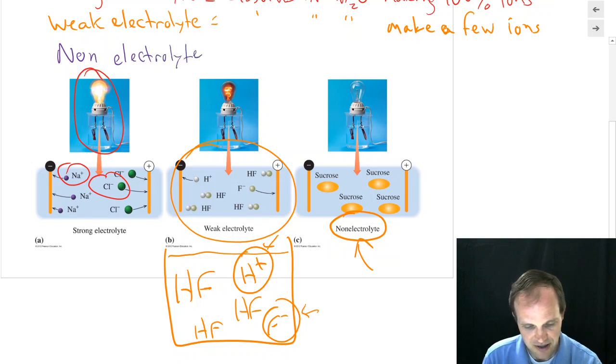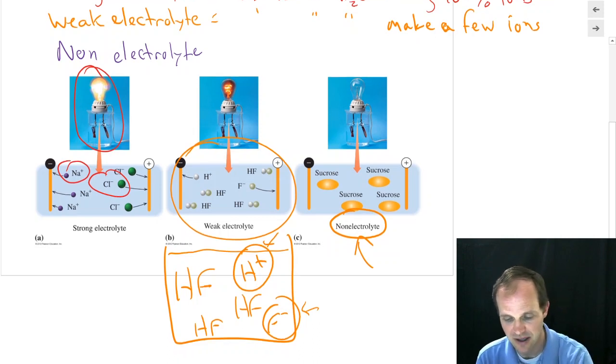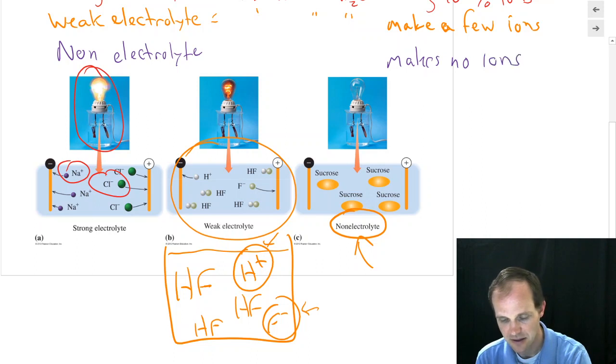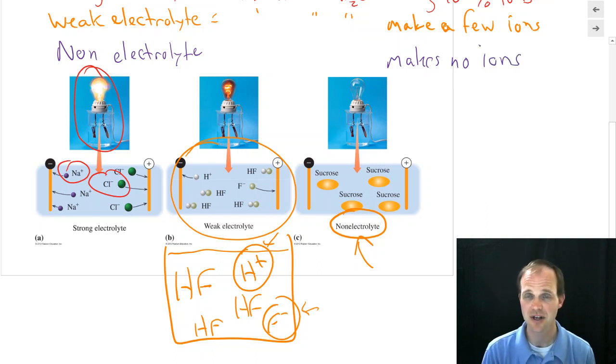It's actually one word. A non-electrolyte dissolves in water and makes no ions. So no ions whatsoever. All the sugars, sucrose, fructose, glucose, they all do this.